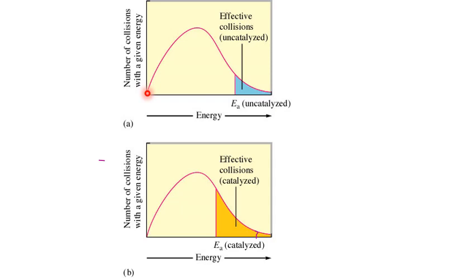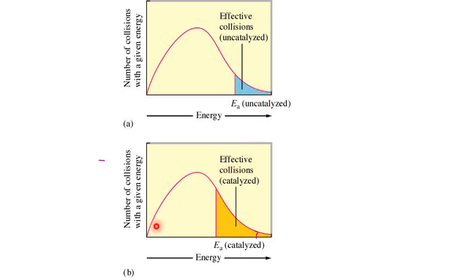In the top one, we see the number of collisions with a given energy. The blue shaded area, beyond the activation energy here, is the only effective collision, the particles with effective collisions.